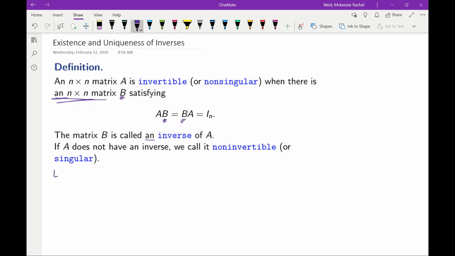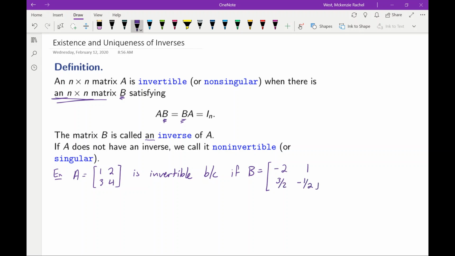So for example, let's take the matrix A to be 1, 2, 3, 4. This is invertible because we can multiply it by a matrix B, which in this case is going to be -2, 1, 3 halves, -1 half.